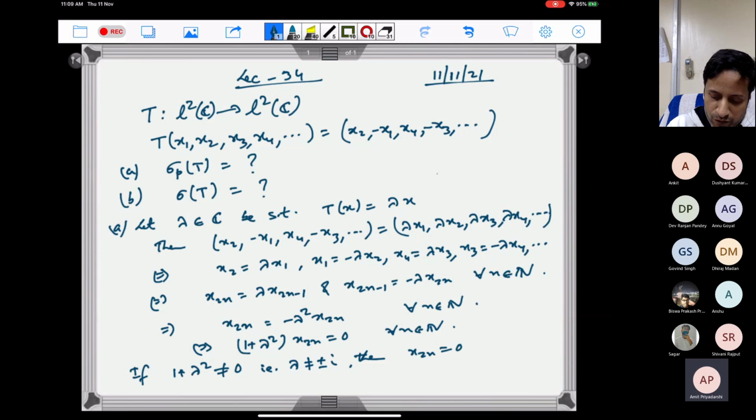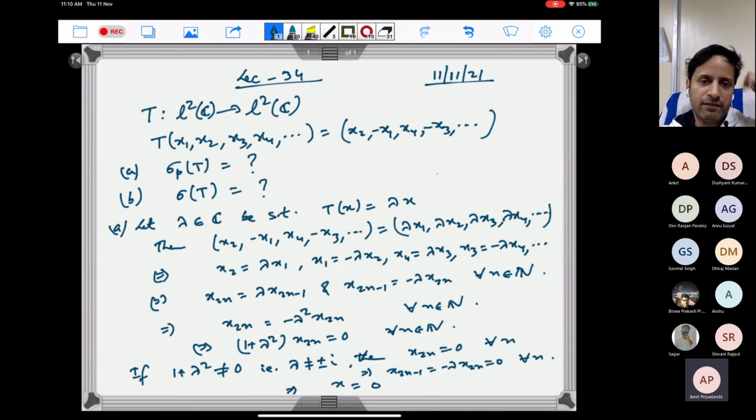And because x2n minus 1 is minus lambda x2n, this will also imply that x2n minus 1 is also 0 for all n. So this implies the vector x is the 0 vector.